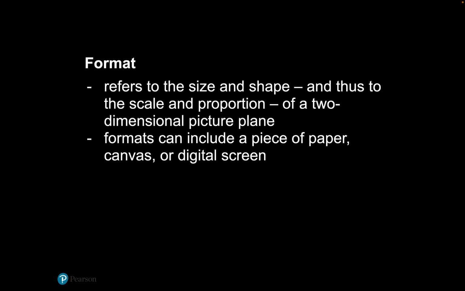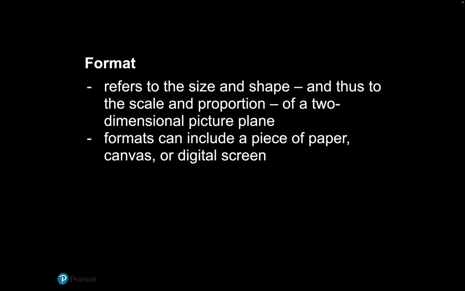So, format. In the lecture covering chapter 3, we defined the picture plane as a flat two-dimensional picture area within which an artist creates a work of art. The format an artist chooses has a strong influence on the total composition of a particular work.